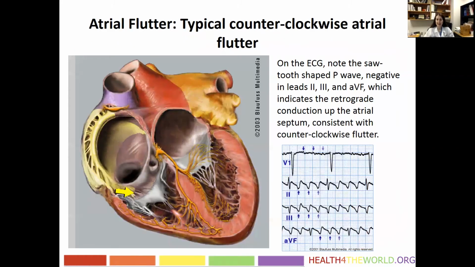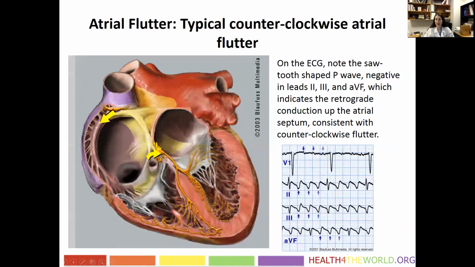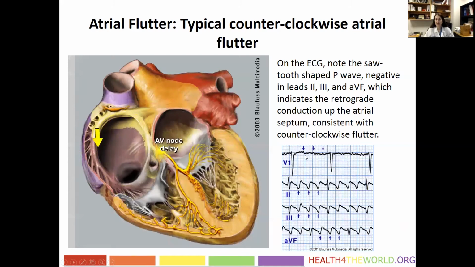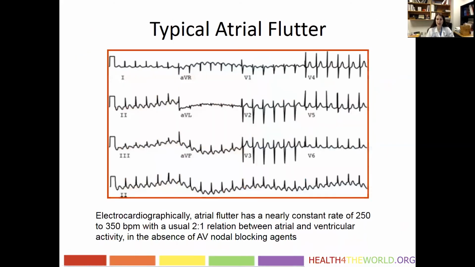And this is counterclockwise typical atrial flutter, and how it goes around the tricuspid annulus. And here is the classic sawtooth presentation of the P waves in the inferior leads 2, 3, and F, negative P waves in these leads, and positive P waves in lead V1. This EKG is consistent with typical atrial flutter.